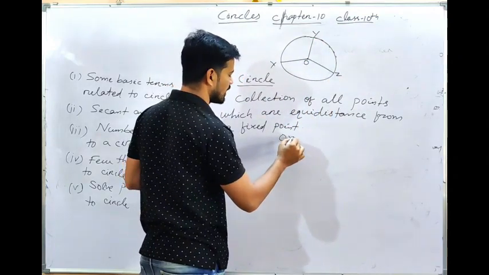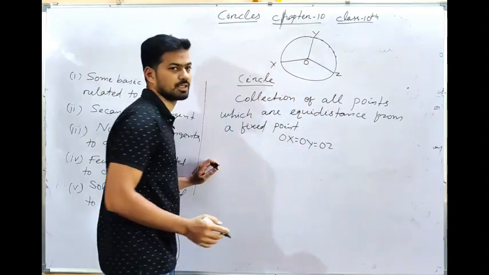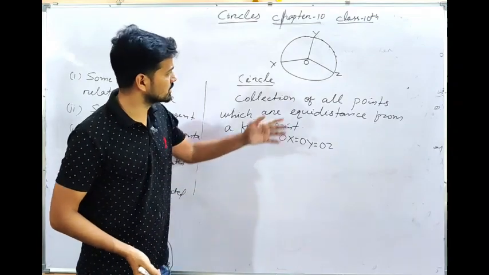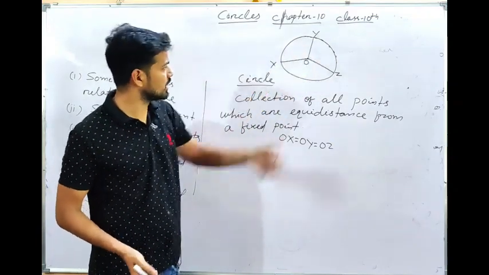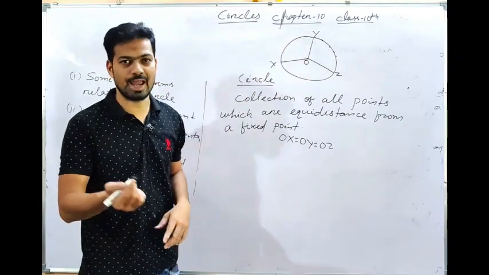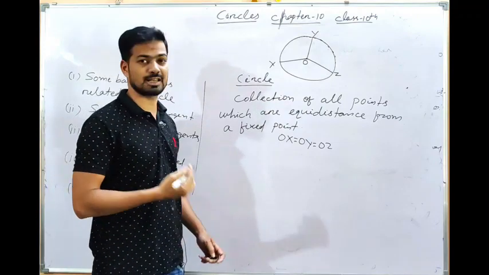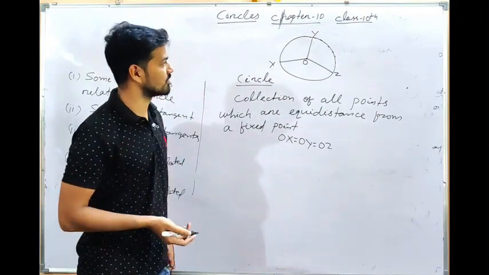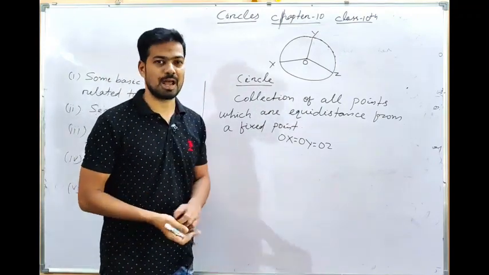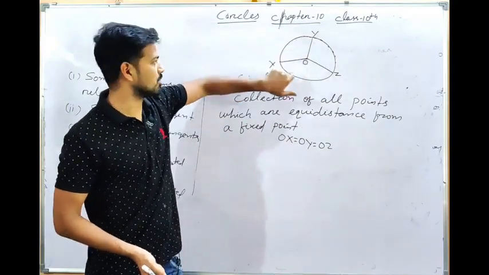In this case, OX is equal to OY is equal to OZ. You may say, no sir, this will not be equal because your figure does not look like that. Actually, I am drawing this by hand. Obviously, there are some brilliant teachers whose drawing is so perfect, but I am sorry, I am not that perfect. So you can take this as a complete circle.